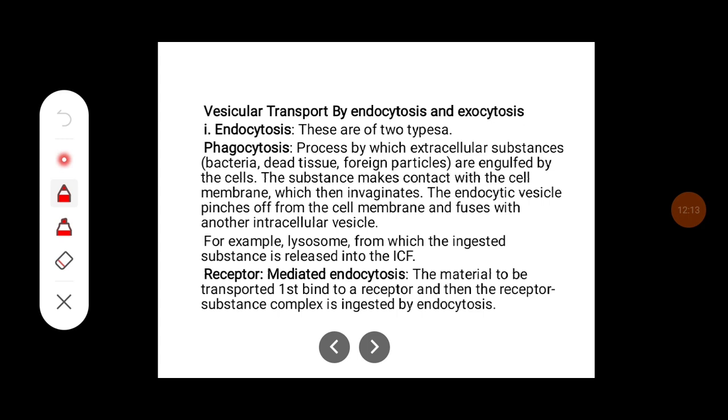Coming to vesicular transport, which occurs by endocytosis and exocytosis. Endocytosis has 2 types: one is phagocytosis and another is receptor mediated endocytosis. Phagocytosis is a process by which extracellular substances, that is bacteria, dead tissue, and foreign particles, are engulfed by the cells.